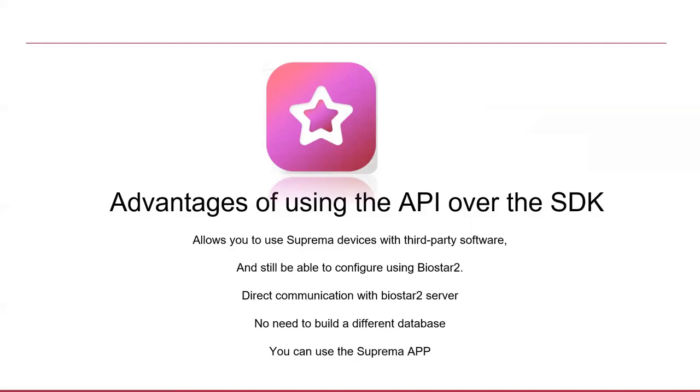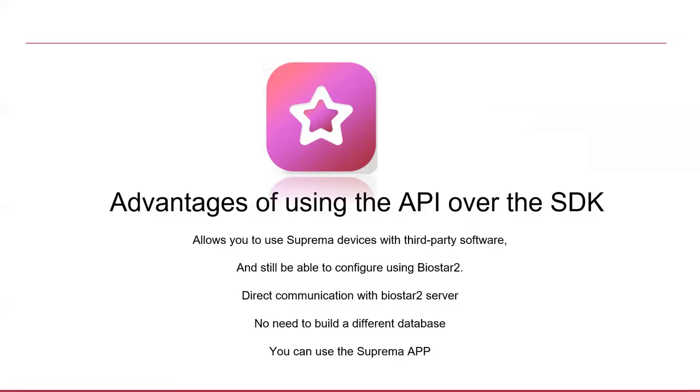All right, so also when you are working with the API, you can still make all the interactions with the third-party software and also make direct communication with the BioStar 2 server.